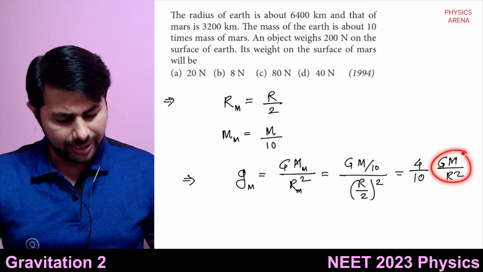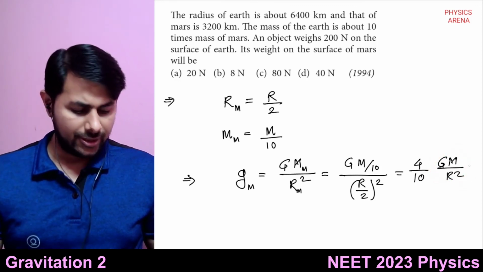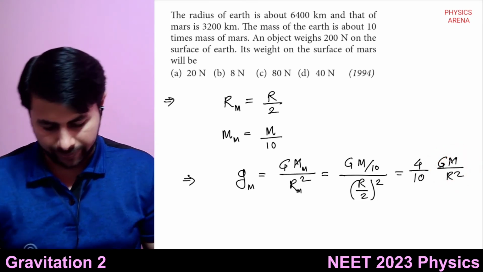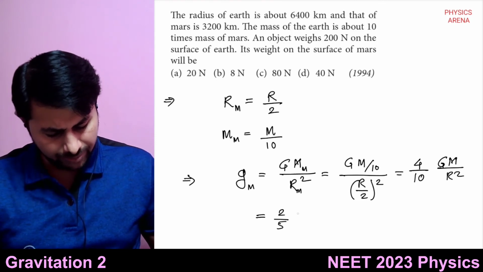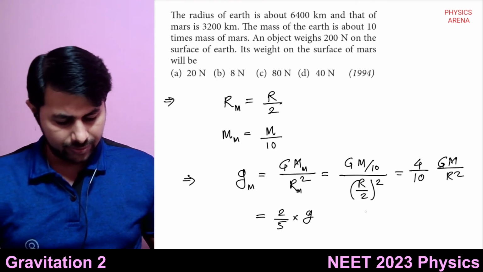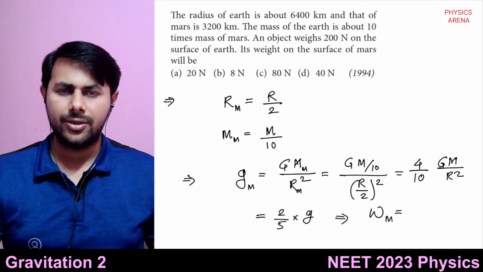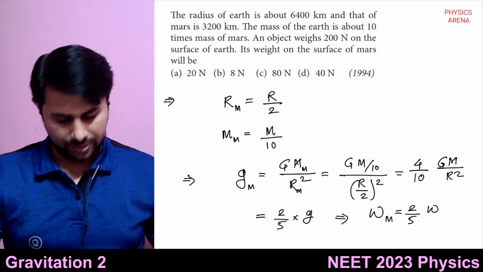That is 4 by 10 or 2 by 5 times the acceleration due to gravity due to the Earth. So it is 2 by 5 times g, and therefore weight on Mars will be 2 by 5 times weight on the Earth.